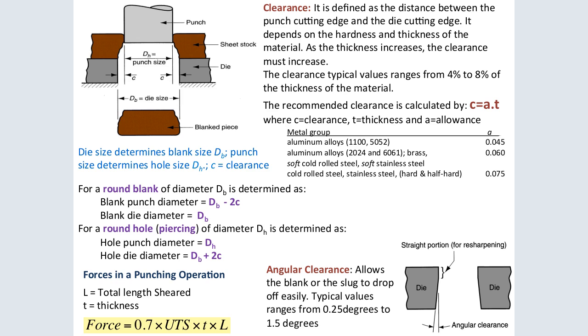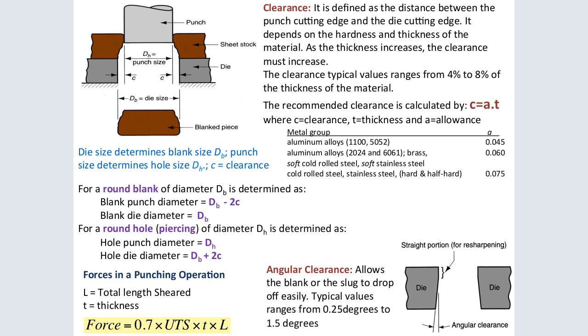And now the die size determines the blank size, and the punch size determines the hole size. That is the D hole. That is the diameter of the hole. For a round blank, the diameter DB, that is for the blank, it is determined as the blank punch diameter, that is the DB, minus the 2C, which is the clearance.